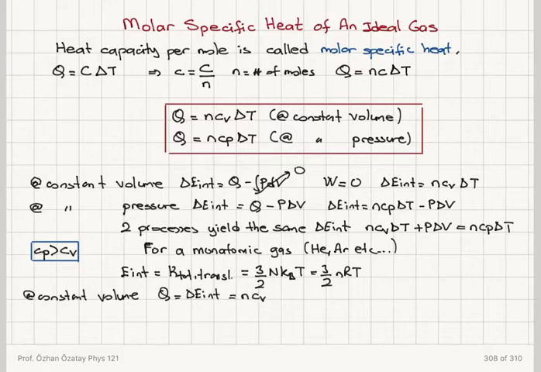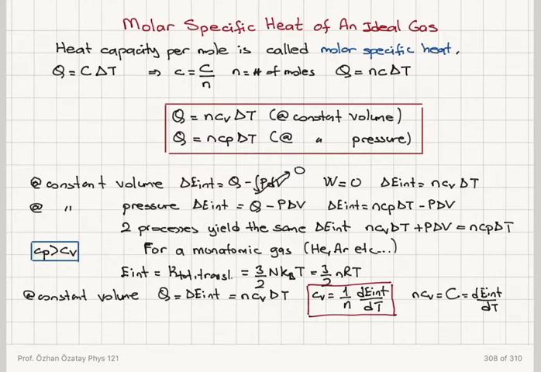This is equal to N Cv delta T. So Cv is equal to 1 over N, the derivative of internal energy with respect to temperature, and N times Cv is equal to the heat capacity, which is dE internal over dT. So let's take this as the definition of Cv now.